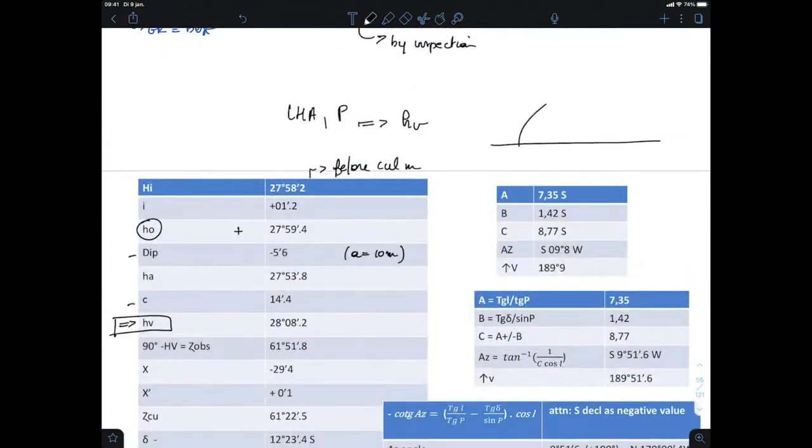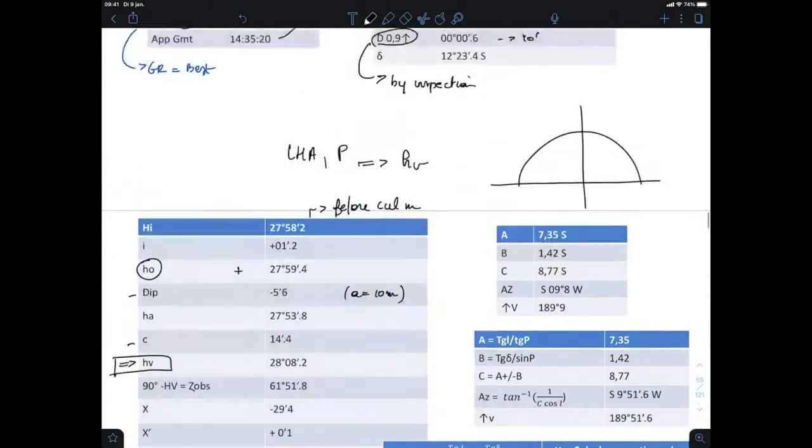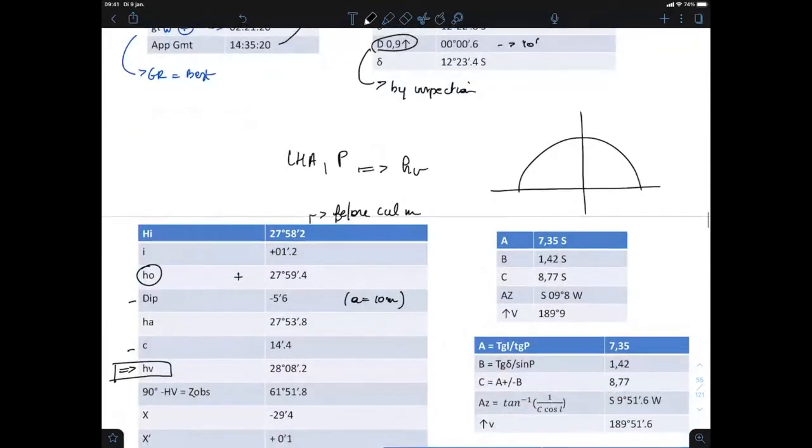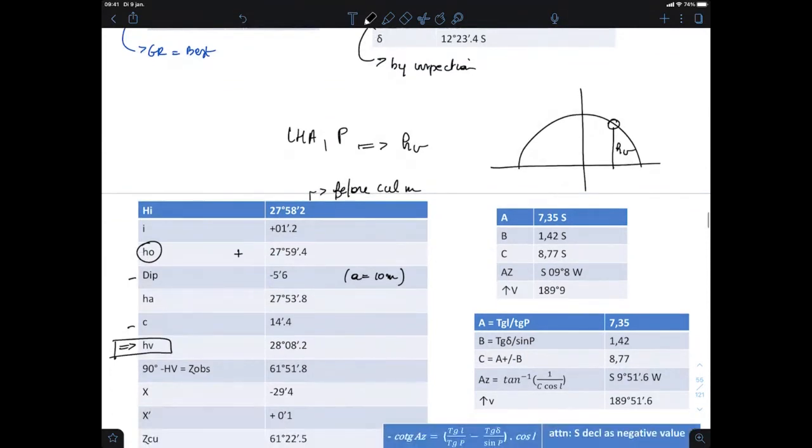So the altitude that we corrected here is this one. We are probably after meridian passage, as I see here. Okay, and so we see now that the corrections that we need to apply are this one here.